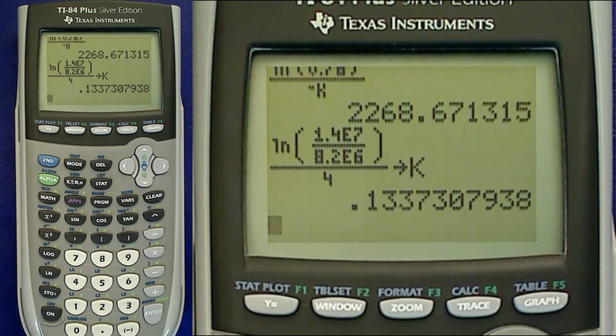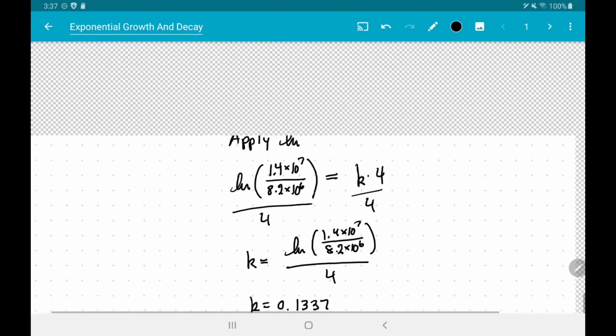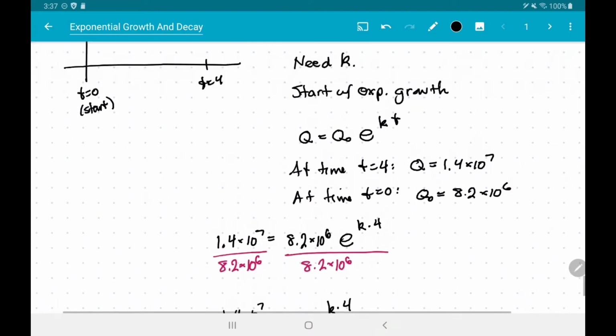Now that we've got K, remember what we're doing with this.